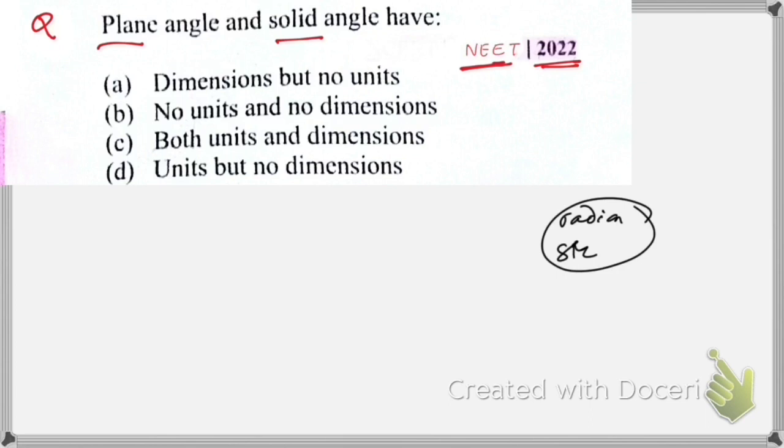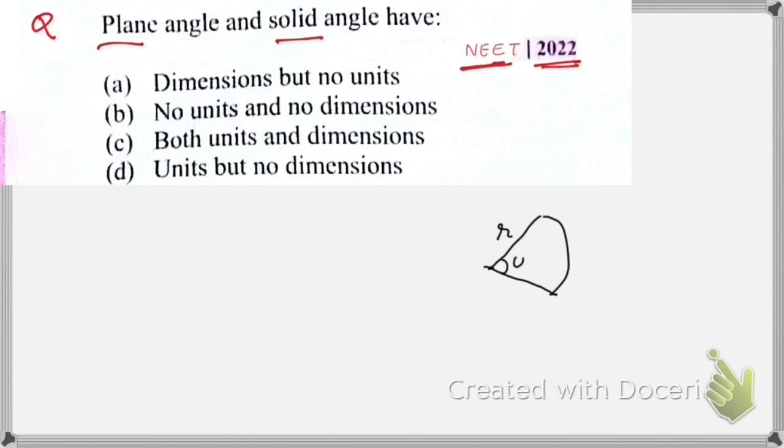Why dimensionless? Let me explain why. Suppose this is an arc of a circle of radius r, which makes angle theta at the center of the circle, and this is the length of the arc. Then L is equal to theta into r, where theta is in radian, right?